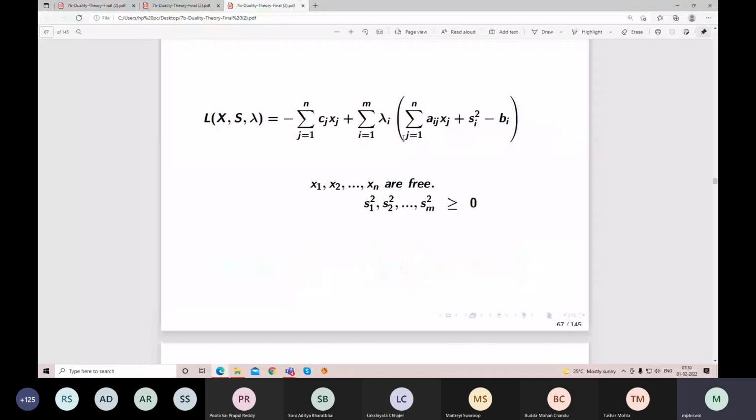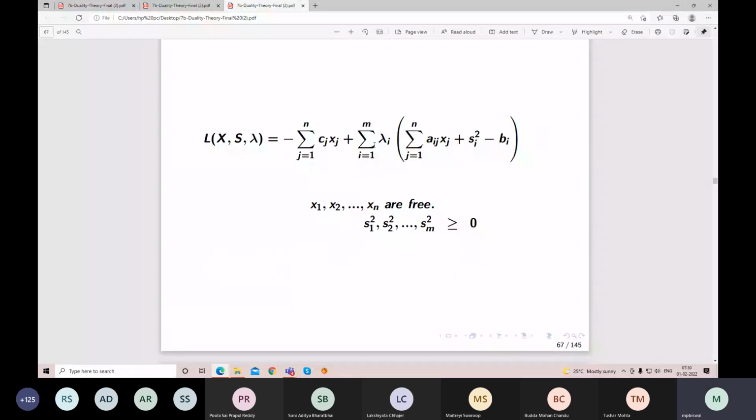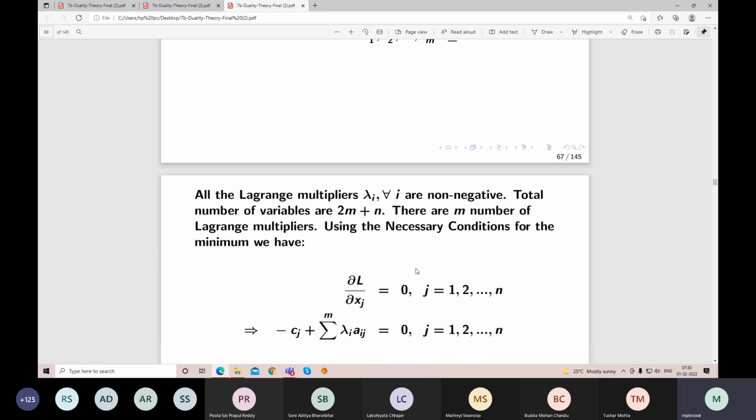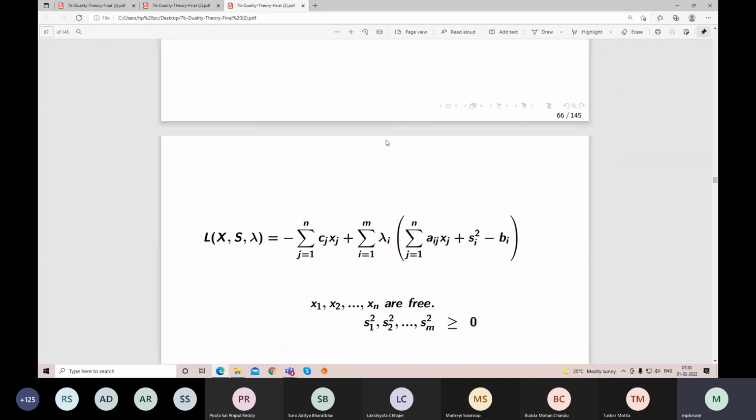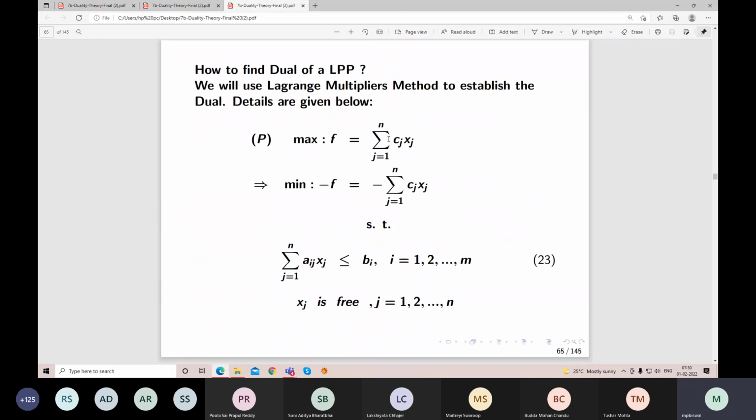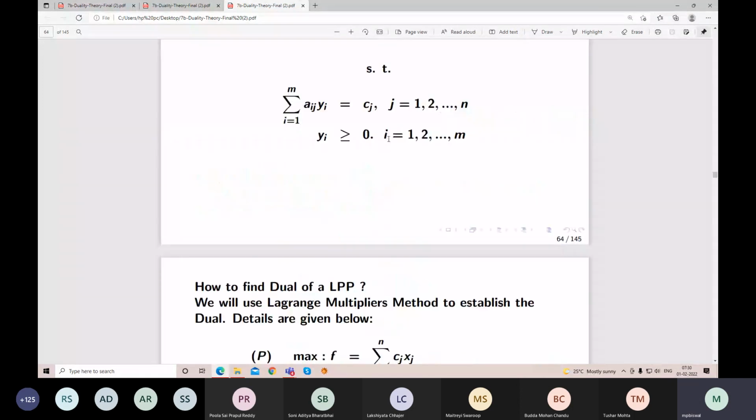The Lagrange function is like this. Lambda i must be there, si must be there, but tj and mu j are not there. So we have xj and lambda i here. With respect to this problem there is some technical point.